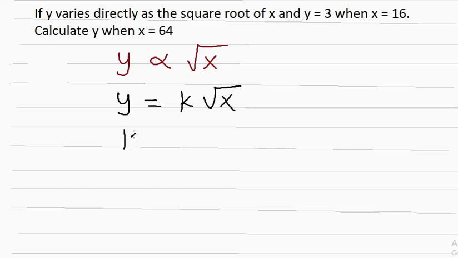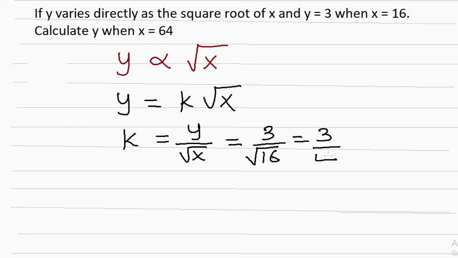Making k the subject, rather, k is going to be y divided by the square root of x. Putting the initial value, y is equal to 3, and since x is 16, that's the square root of 16, which is 4. K is going to be equal to 3 all over 4.